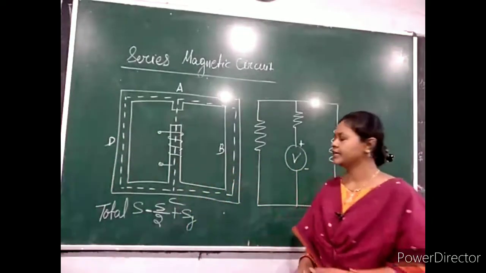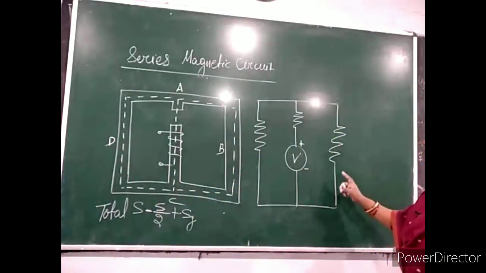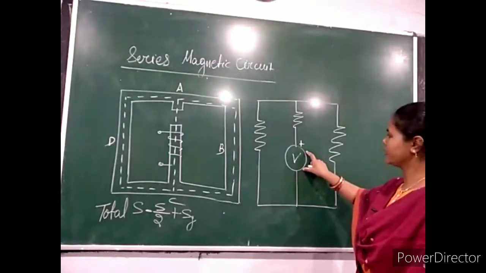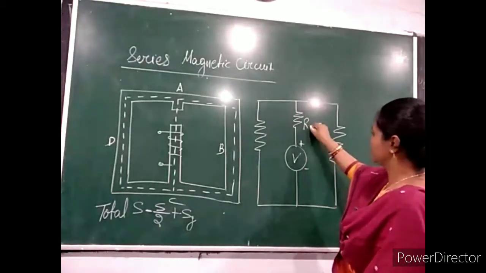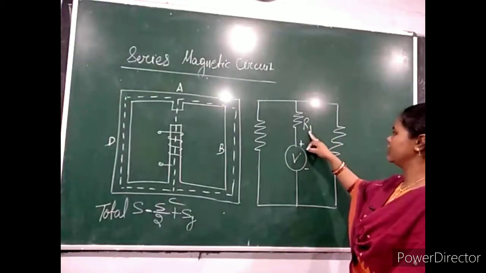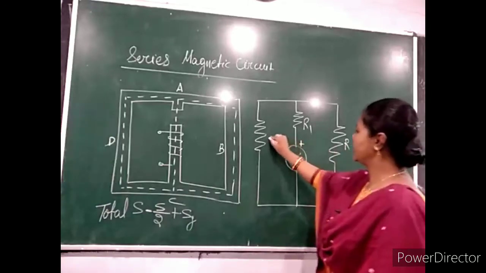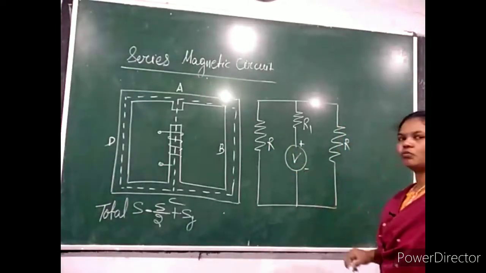How do you find it in the case of the electric circuit? This is a voltage source or EMF. With this voltage source a resistance is connected in series. Another two resistors are connected adjacent to this voltage source.